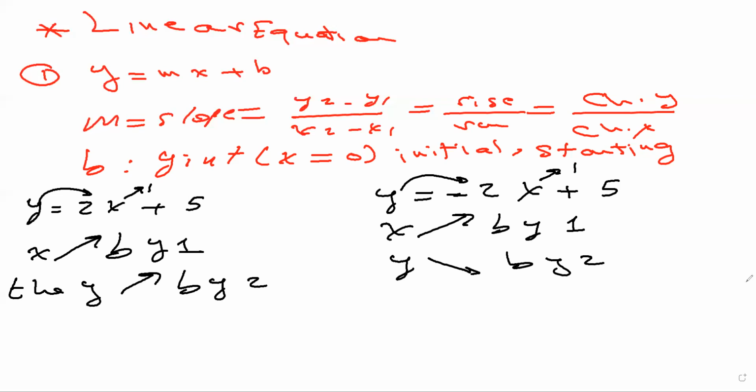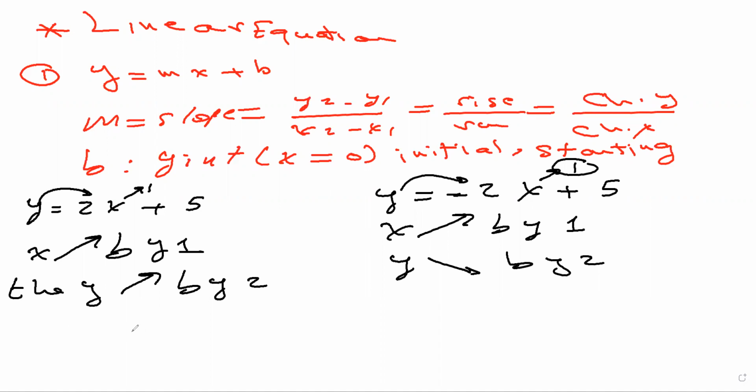If the question is in seconds, it will be 1 second. The x always increases by 1. But the y increases when we have positive and decreases when we have negative. Is that clear for all?